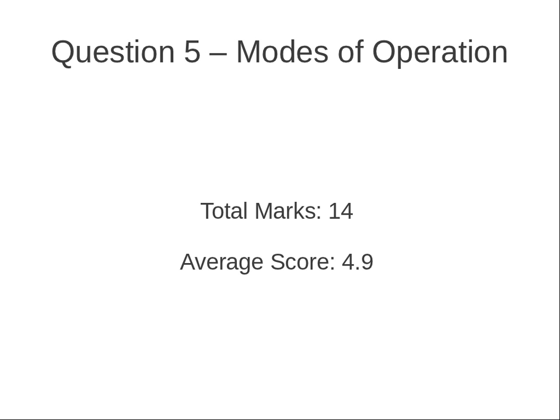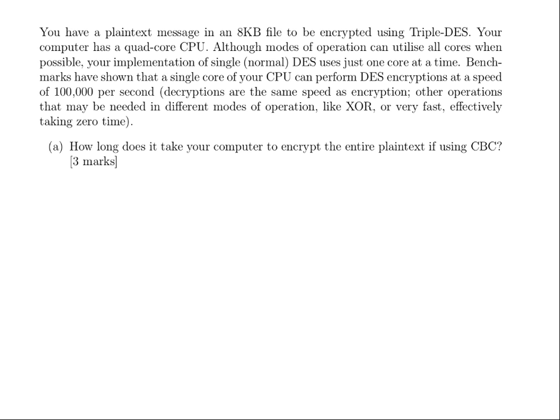The modes of operation. This was a different looking question than any other years. It was about, firstly, the performance aspects of the modes of operation, and then I can't remember the next part.